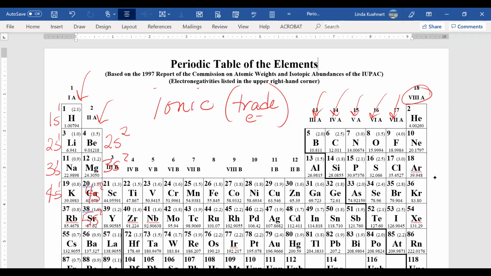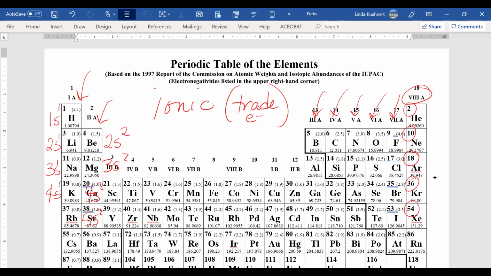Now everybody's trying to get the number of electrons to match a noble gas. Noble gases are very stable, and atoms try to achieve that noble gas electron configuration.